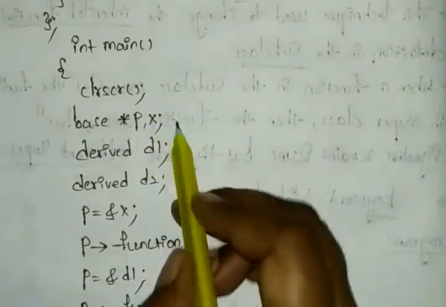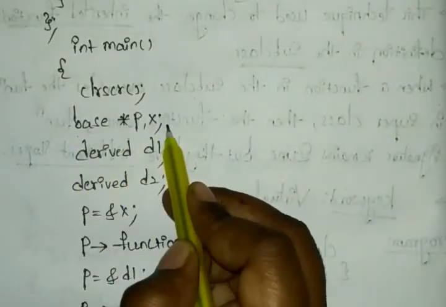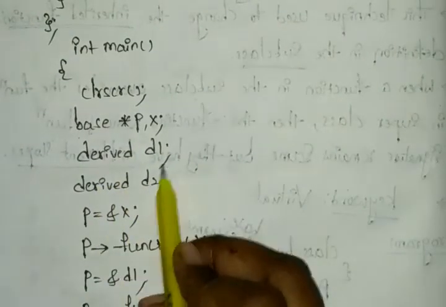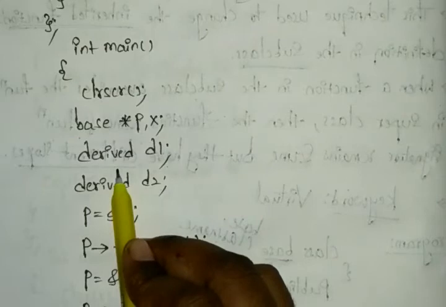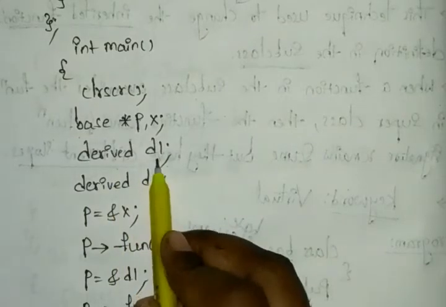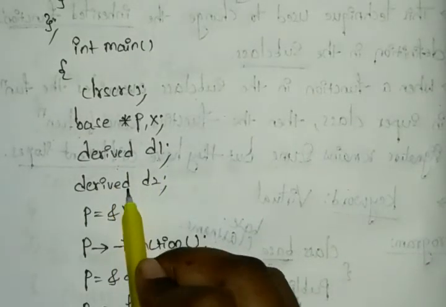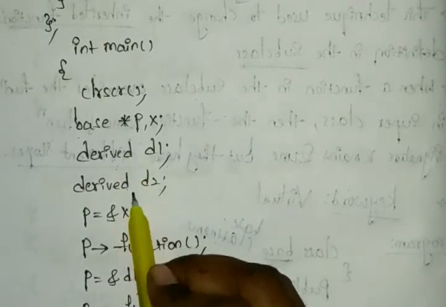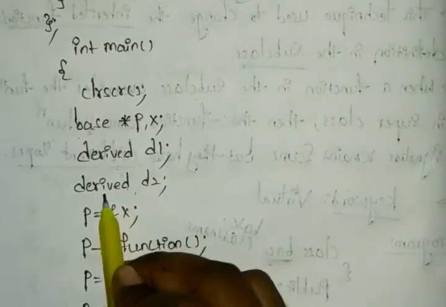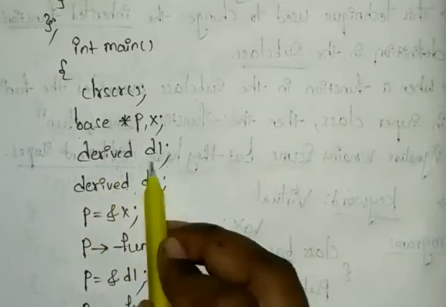We can print this in this form: a base pointer p and the variable x. Then Derived d1 and Derived d2, both derived from the base class. This is our object creation.